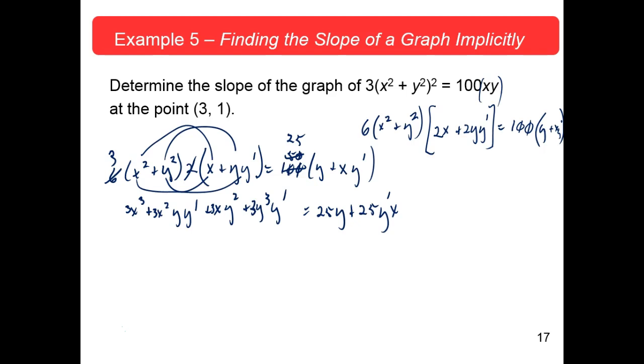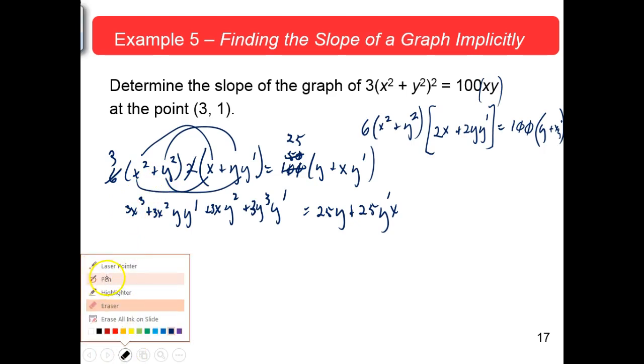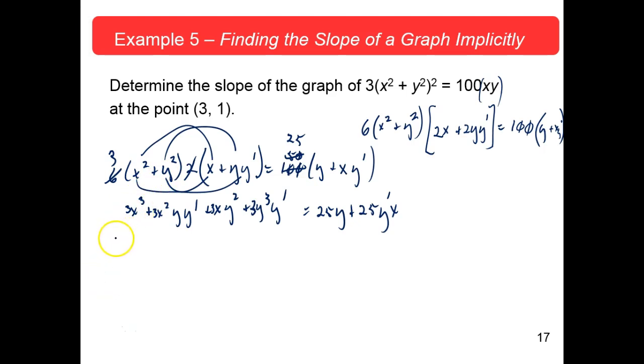Okay, let's get all the y prime terms. Do you want them on the left or right? I don't care really too much. Yeah, let's move them to the left, which means we'll be taking the non-y prime terms and moving them to the right. So let's subtract off a 3x squared and subtract off a 3xy squared, and at the same time subtract off a 25y prime x.